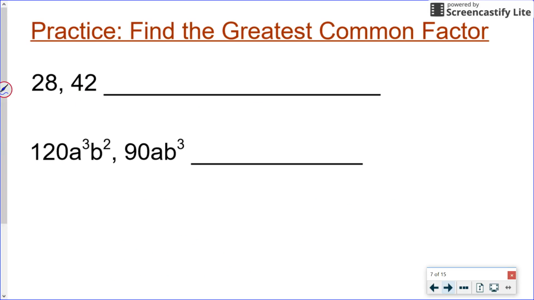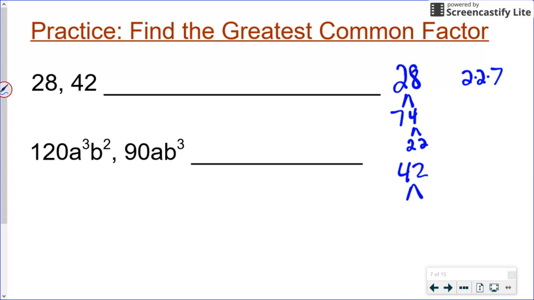All right, so let's practice. We've got 28 and 42. 28 is 7 times 4, which is 2 times 2. So that would be 2 times 2 times 7. And then 42 is 7 times 6. 6 is 2 times 3, so that's 2 times 3 times 7.